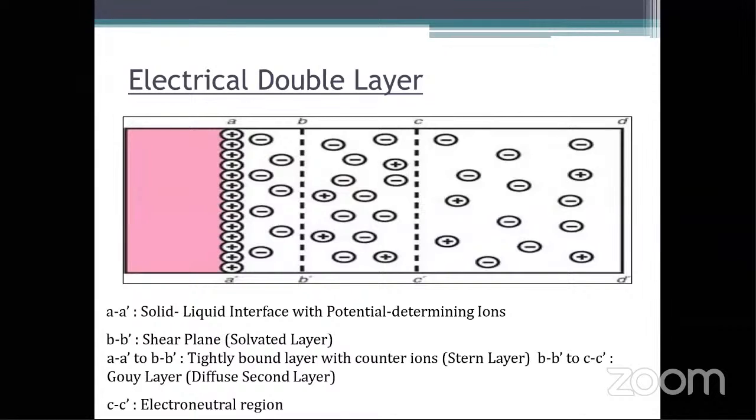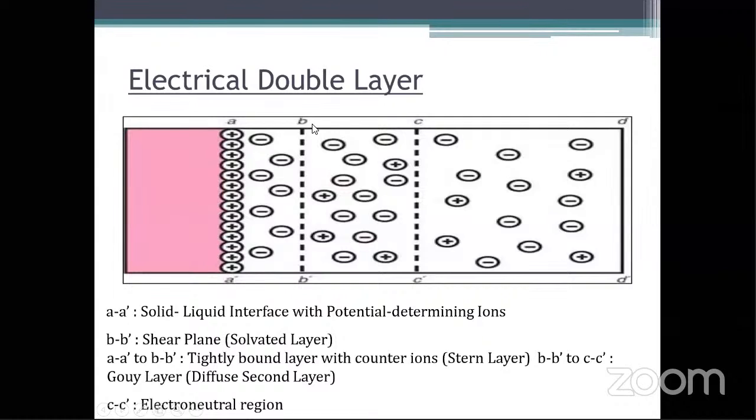Similarly, anions are termed as counter ion or gegenions, G-E-G-E-N-I-O-N-S. When particles move relative to the liquid, this tightly bound layer also moves along. Thus, the particle surface now extends up to BB dash rather than AA dash.